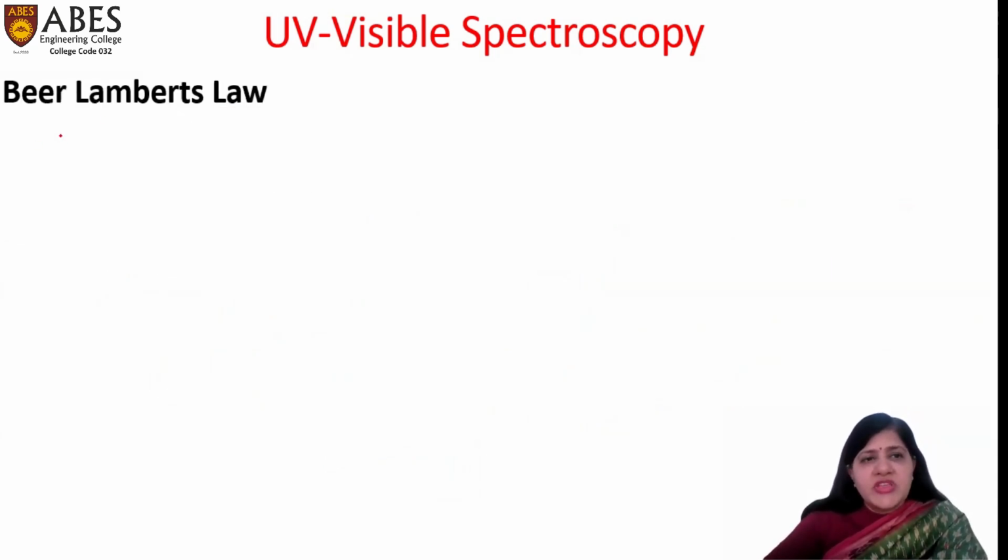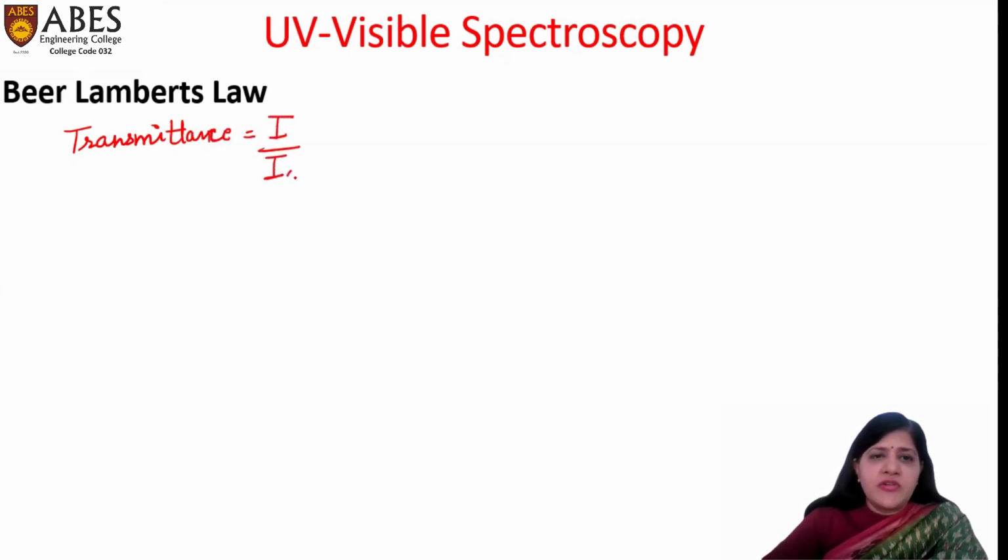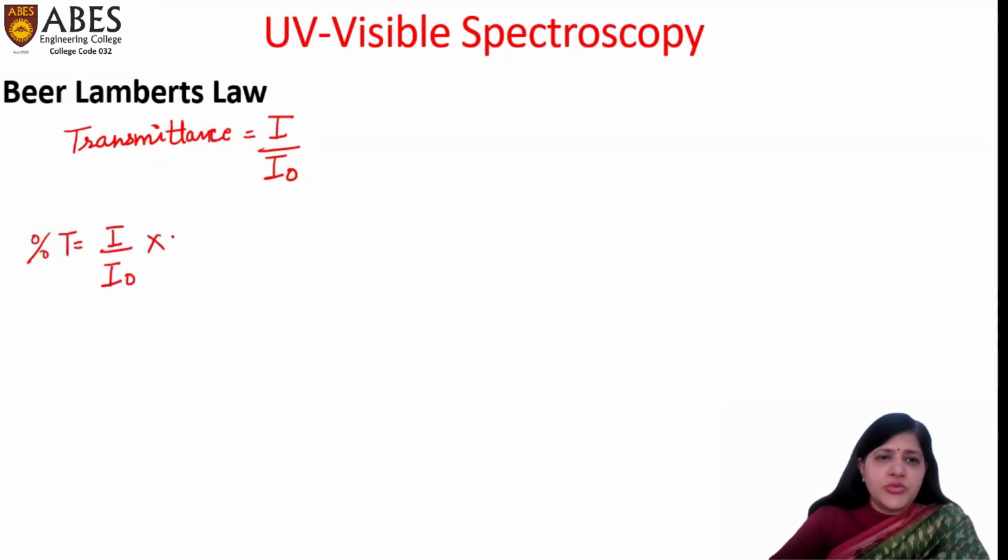We can also express Beer-Lambert's law in terms of transmittance. So first of all, what is transmittance? Transmittance is the ratio of transmitted radiation and incident radiation. So transmittance is I upon I naught. Percent transmittance is I upon I naught into 100.